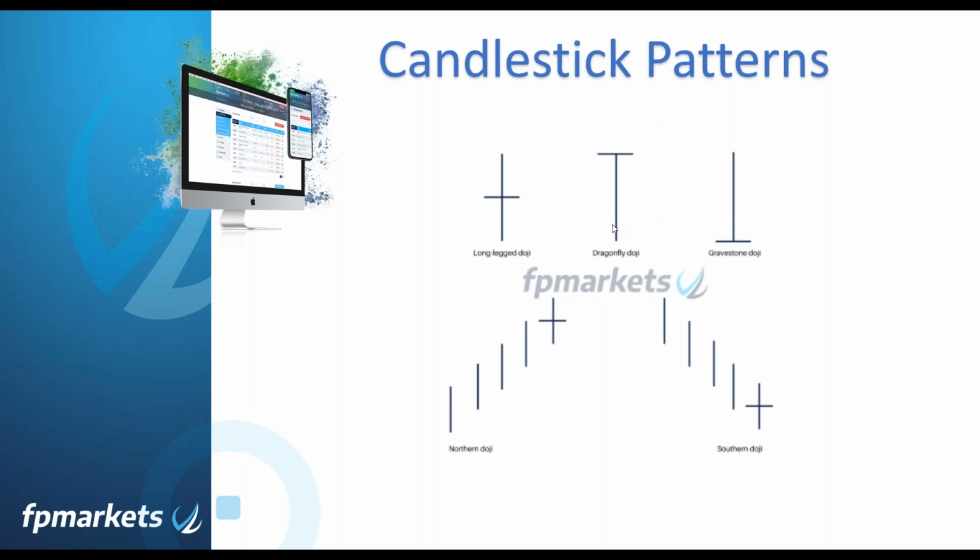Quite simply, the pattern is similar to a hammer candle formation, though effectively should be void of a real body. If you remember on the hammer pattern, we had a real body that was small, and a lower shadow 2 to 3 times the size of the real body.